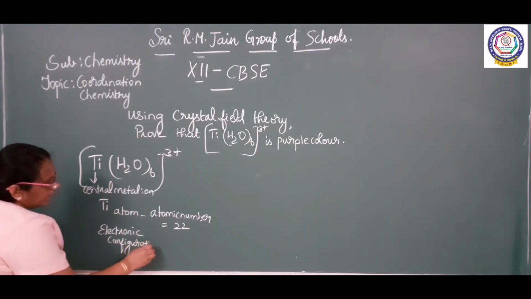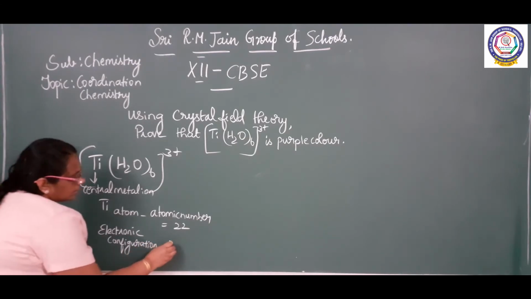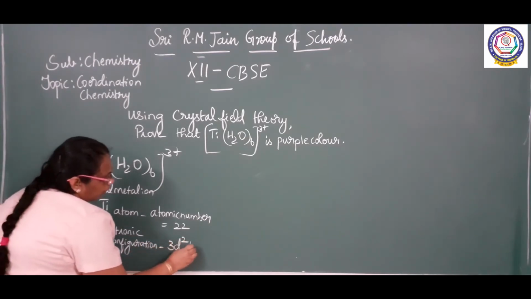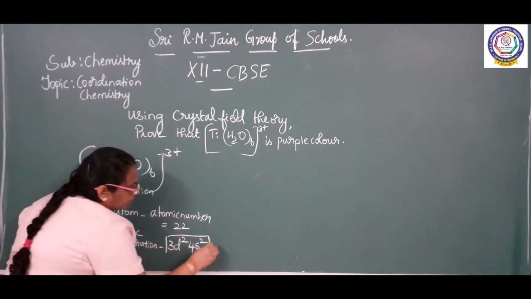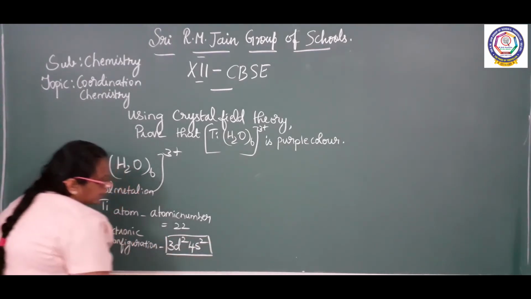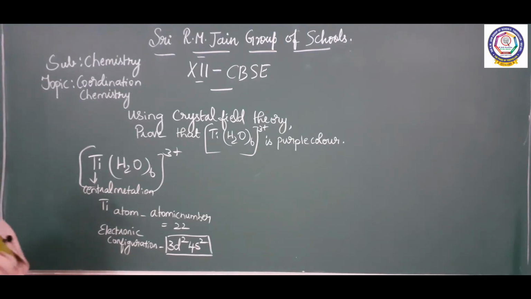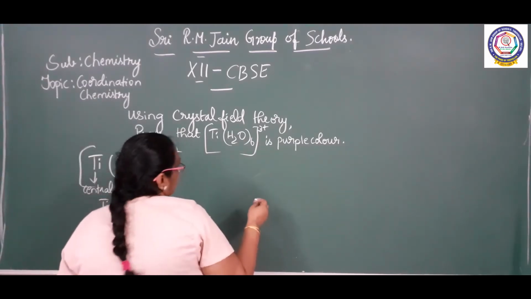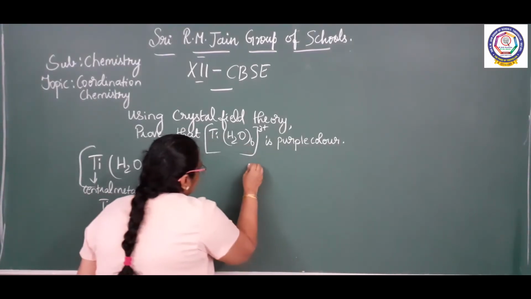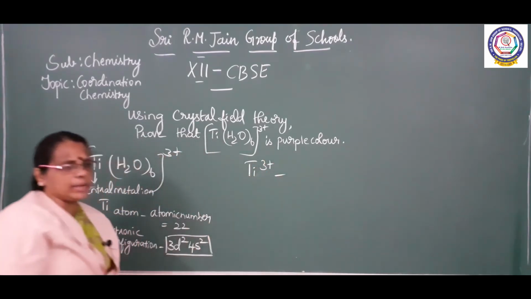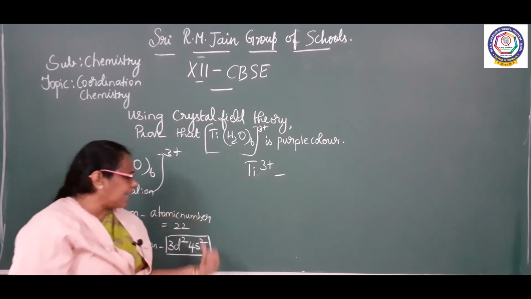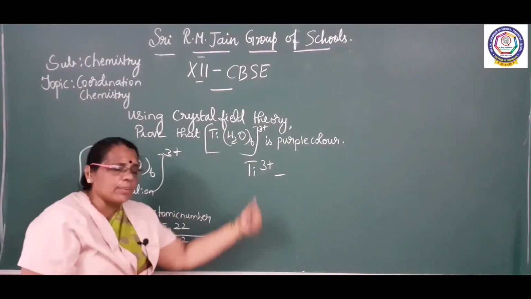The outer electronic configuration of titanium is 3d2 4s2. Now titanium 3+: titanium loses 3 electrons to become 3+.